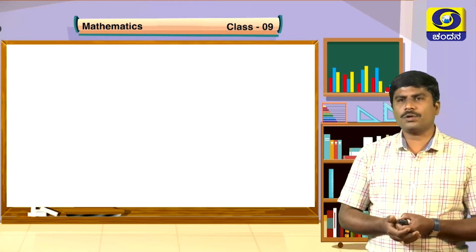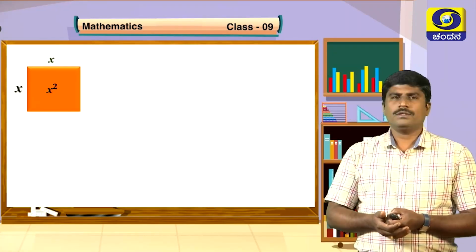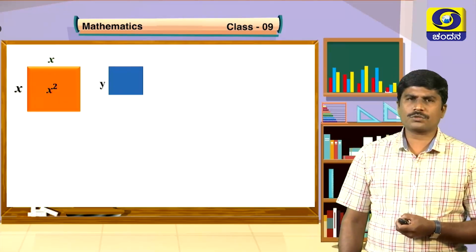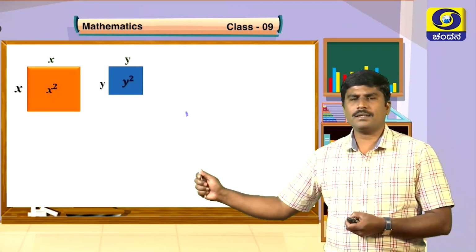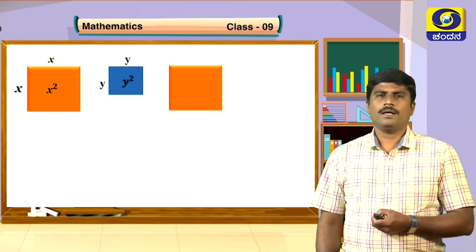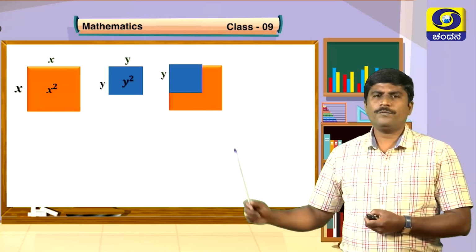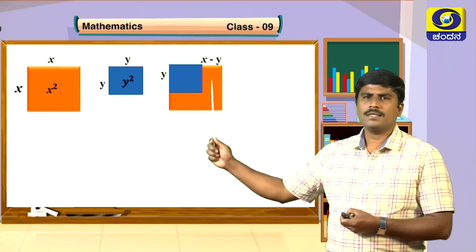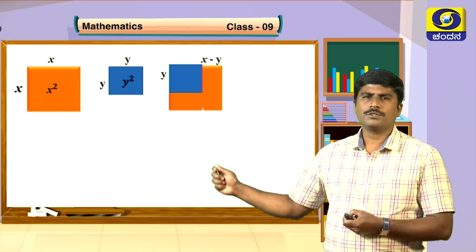Now let's move on to another algebraic identity. We have a square x square, and one more square, a little smaller one, y into y. Again, what we have to do is subtract y square from x square.